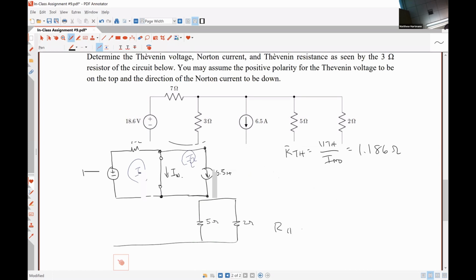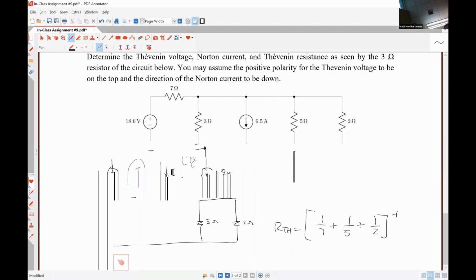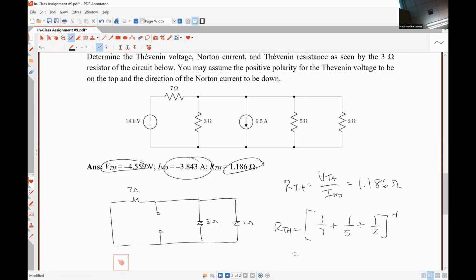So RTH is 1 over 7 plus 1 over 5 plus 1 over 2, to the minus 1, which is 1.186 ohms.